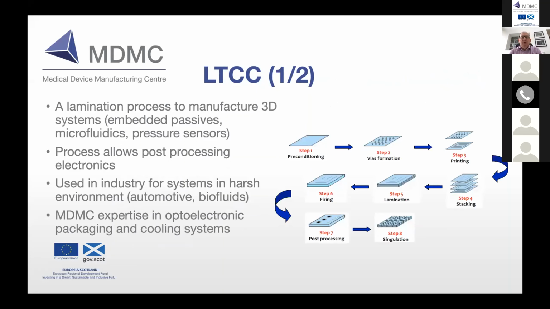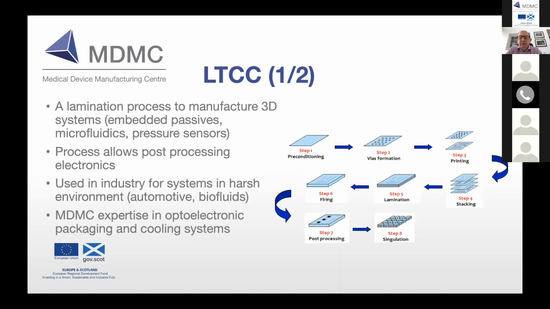So the low temperature co-fired ceramic process is a lamination process which allows you to manufacture a three-dimensional system in ceramics. And it also allows post-processing of electronics on top of these systems. This is a typical technology used in harsh environments, such as the automotive industry or biofluidics, so we're looking at treatment of blood, etc., in a very harsh environment.